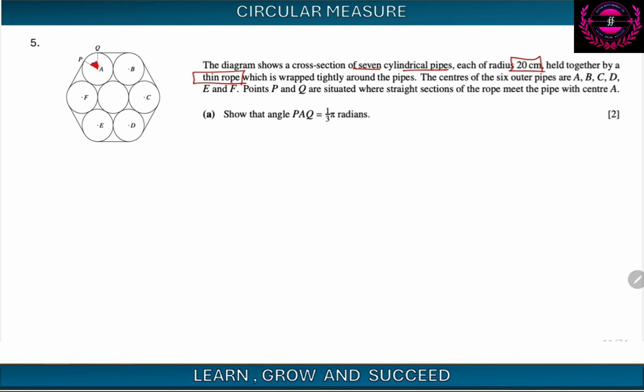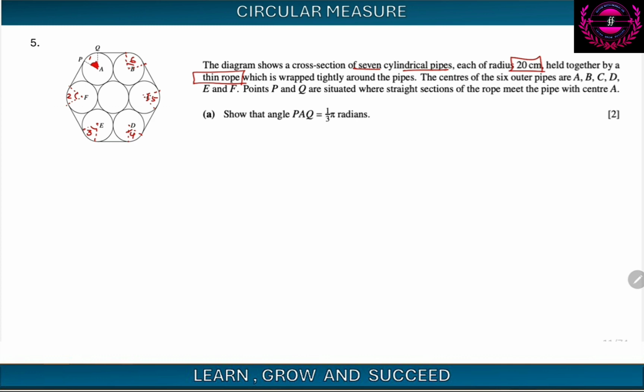This is angle PAQ. Now, if I make similar sectors for the rest of the pipes, you will see there are 1, 2, 3, 4, 5, 6.